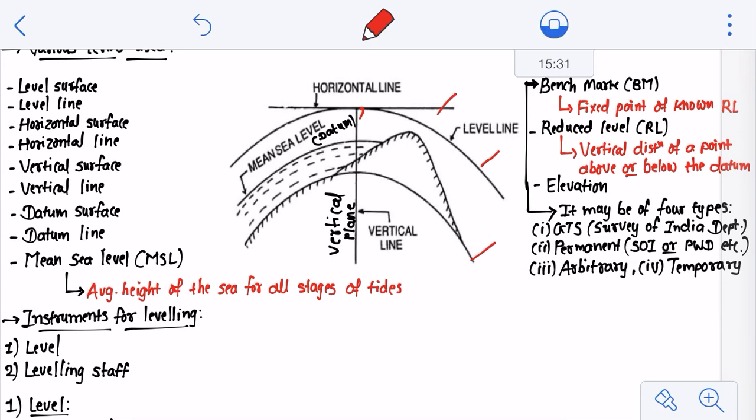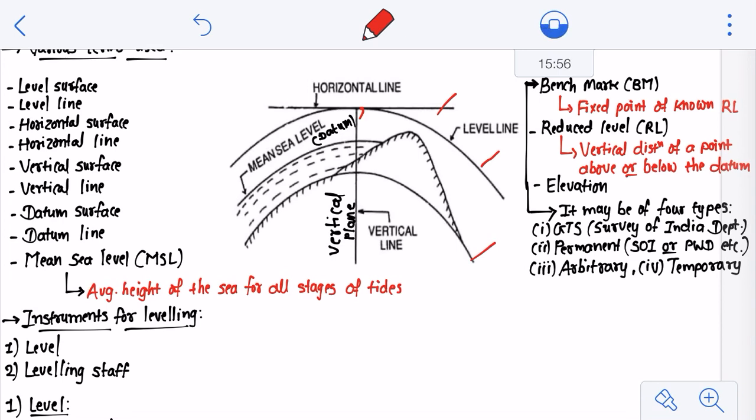If you want to define the elevation of some point, you need a reference that this point is available at this much elevation above or below a surface, but that surface should be known to you, and that surface from the reference of which you are going to determine or define the elevations of different points is termed as your datum, right?